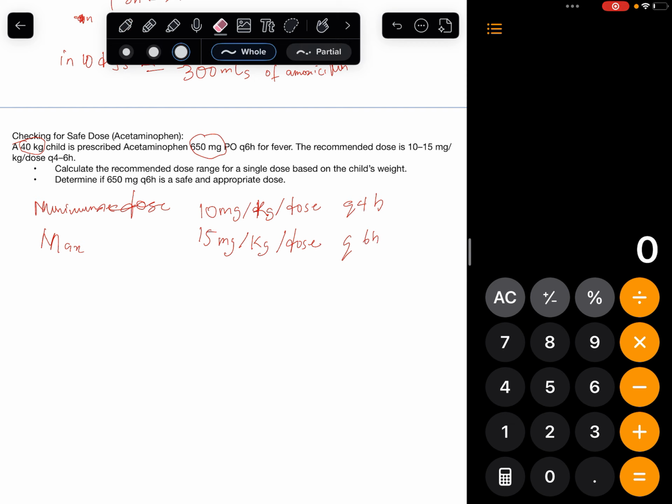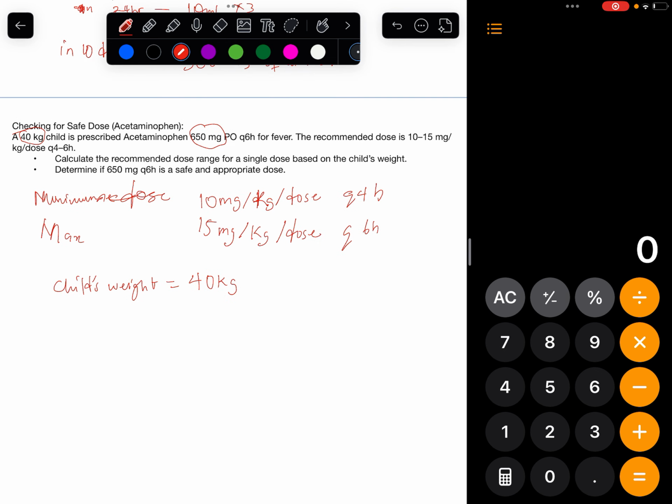So the first step here would have been converting the child's weight from pounds to kilogram, but we already have our weight in kilogram, right? So child's weight, 40 kilogram.